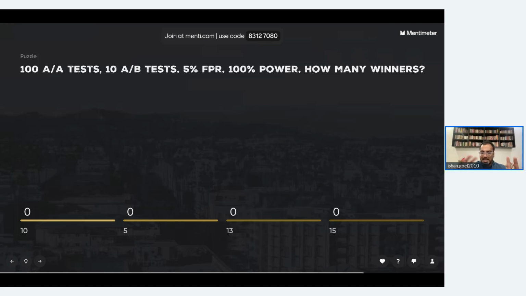So suppose you had some magic machine, you know that these 10 tests that I've run are true winners and they have larger than MDE impact. And you can assume that there is 100% power. So no test with a true impact will be missed. And the false positive rate is still 5%. So how many winners can you expect in this setup?